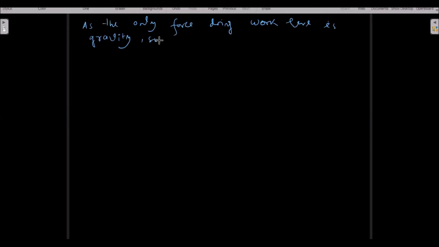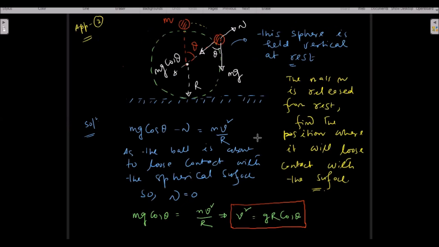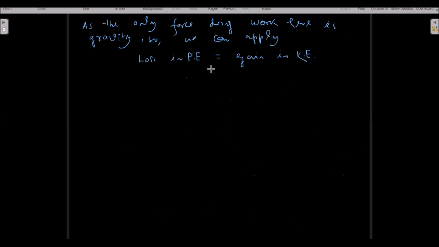So we can apply loss in potential energy is equal to gain in kinetic energy. How do you know that there will be loss in potential energy? Because the particle is coming down. Whenever it is coming down, if I consider this ground as a reference, that means potential energy is decreasing. So that is why loss in potential energy is equal to gain in kinetic energy.